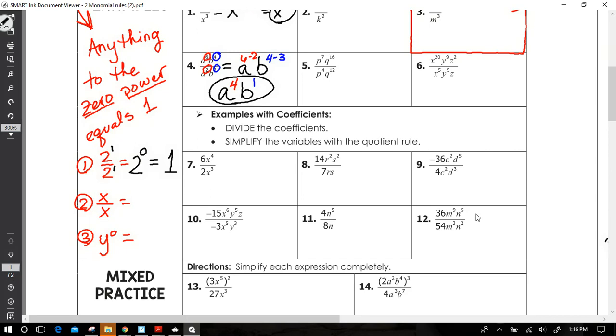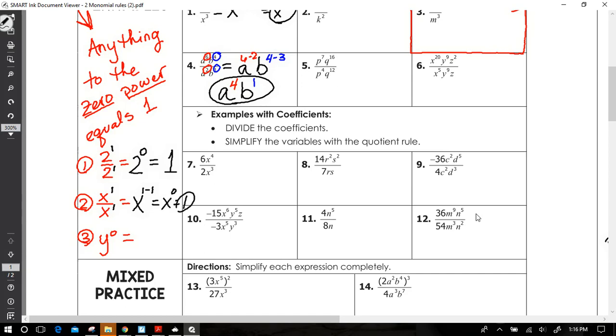And now you know why, and you can prove it using our laws of exponents. So let's do example number 2, x divided by x. And you know already anything divided by itself equals 1, but using my exponent rule, I have x to the 1 minus 1 power, which is x to the 0, which is just 1.